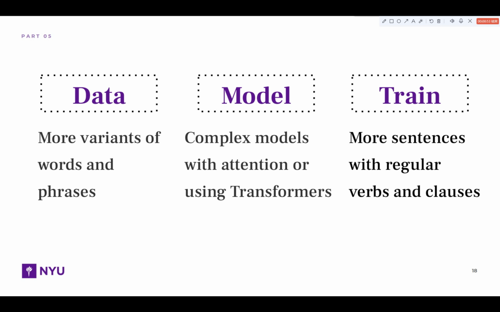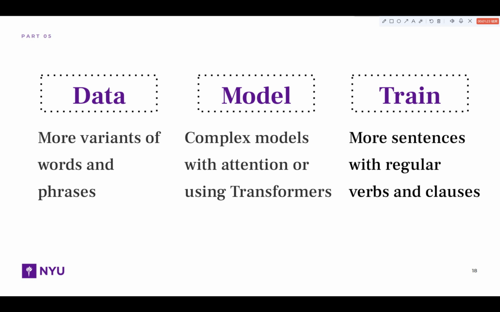The second one is the model. Our Seq2seq model is actually quite simple for such a complex task as machine translation. For the next steps, we would use complex models with attention or cutting-edge transformer models, because our model is limited to sentences starting with a primary be verb and some subordinate clauses.